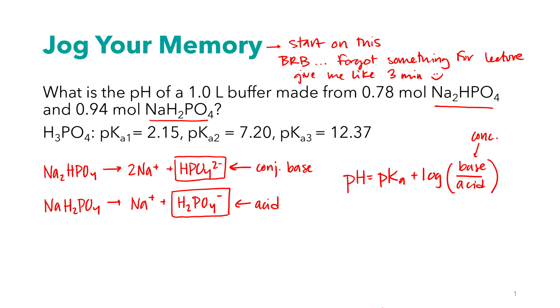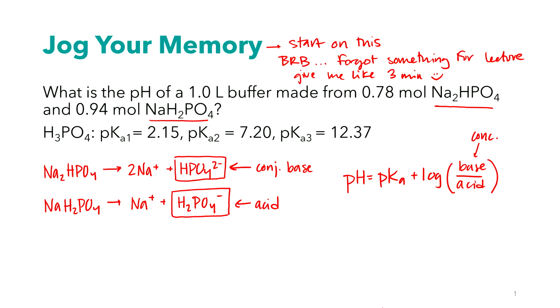I need to know which one I should call the acid and which one the base. This one, even though it is already negatively charged, is my acid because I'm adding in its conjugate base. Now I can put the right numbers into that fraction. The last thing I need to do is pick the right pKa.